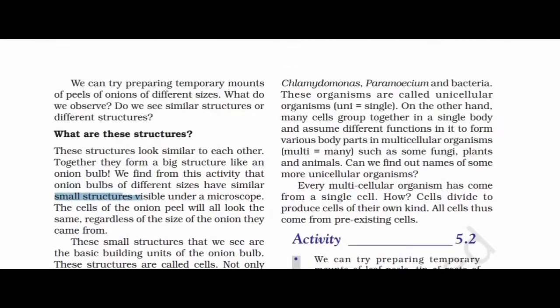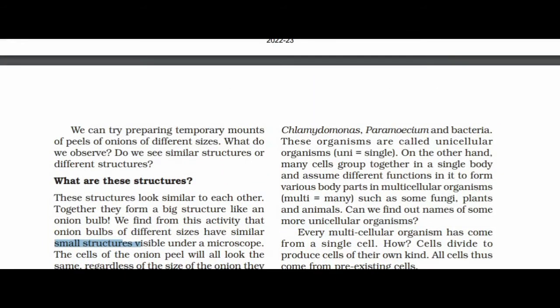Amoeba has only one cell, so it is called a unicellular organism. Chlamydomonas, paramecium, and bacteria are also called unicellular organisms. Uni means single. Why are they called unicellular organisms? Because they have only one cell.